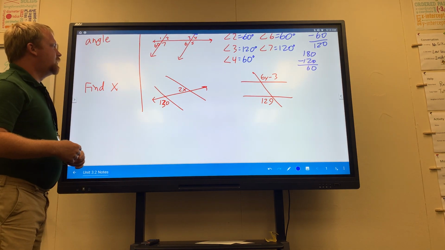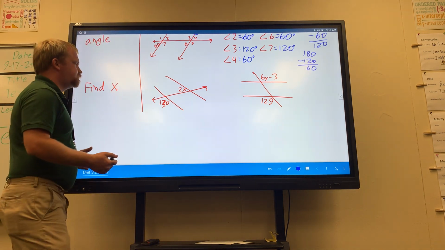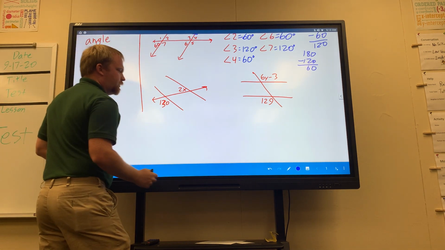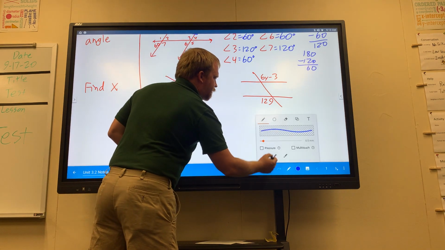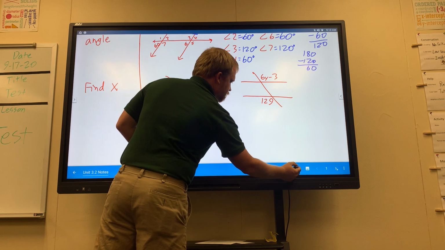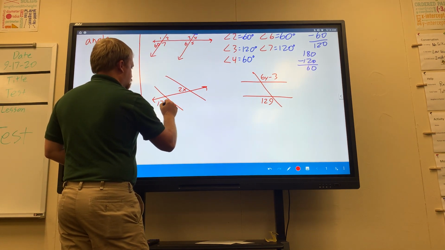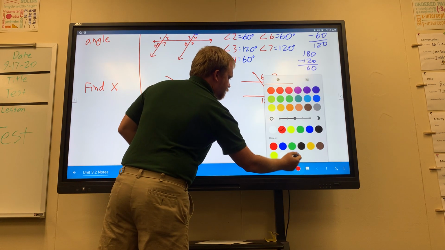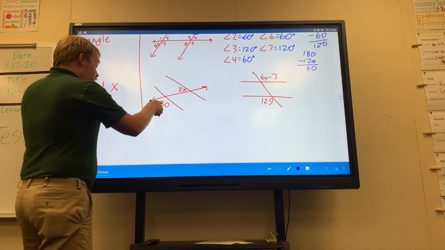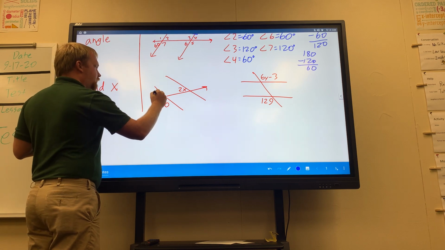Now, how do I find these angles? How do I find x? Well, again, if this is 130, then I know this has to be 50.